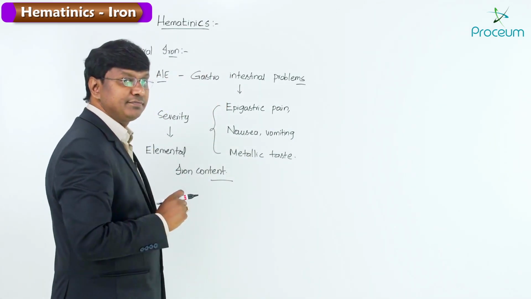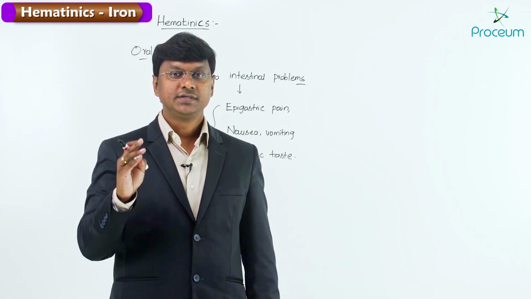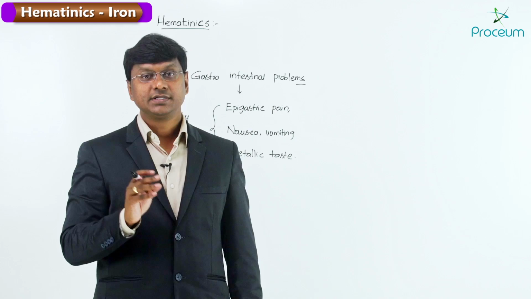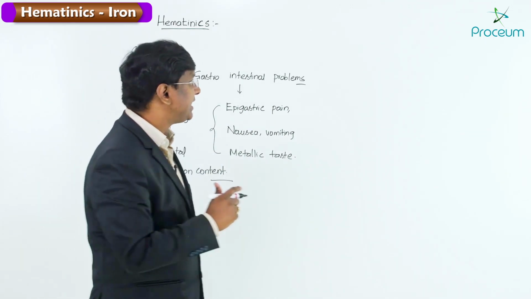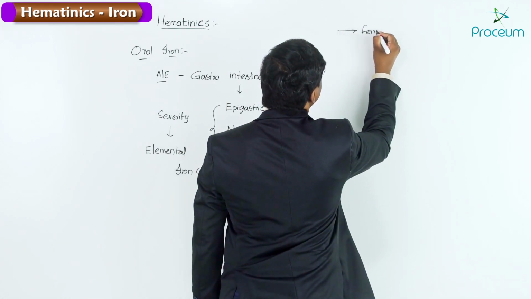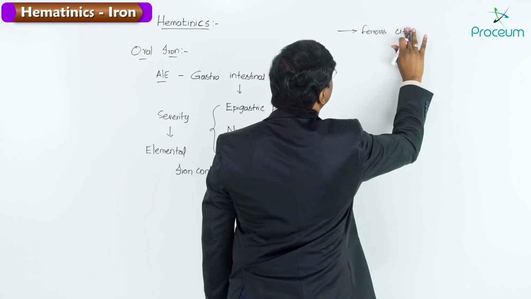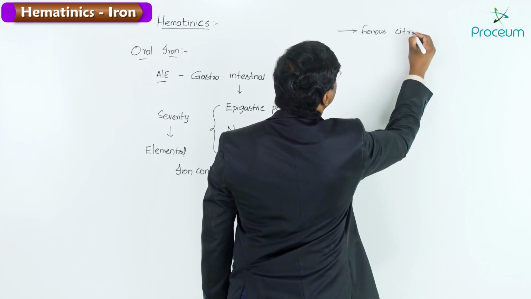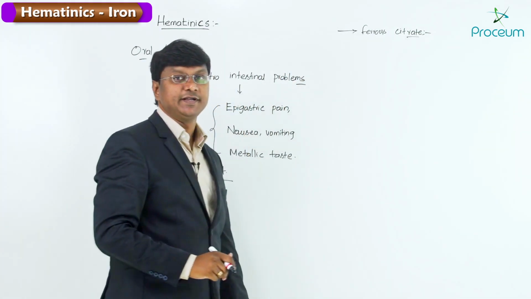Now, apart from ferrous sulfate, gluconate and succinate, we have one more oral iron formulation, that is ferrous citrate. Now, what is the advantage of this ferrous citrate? Let me tell you.